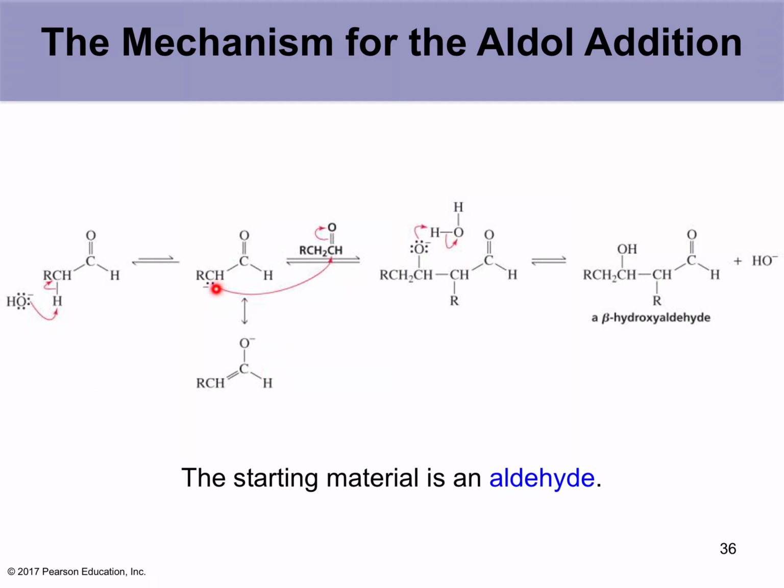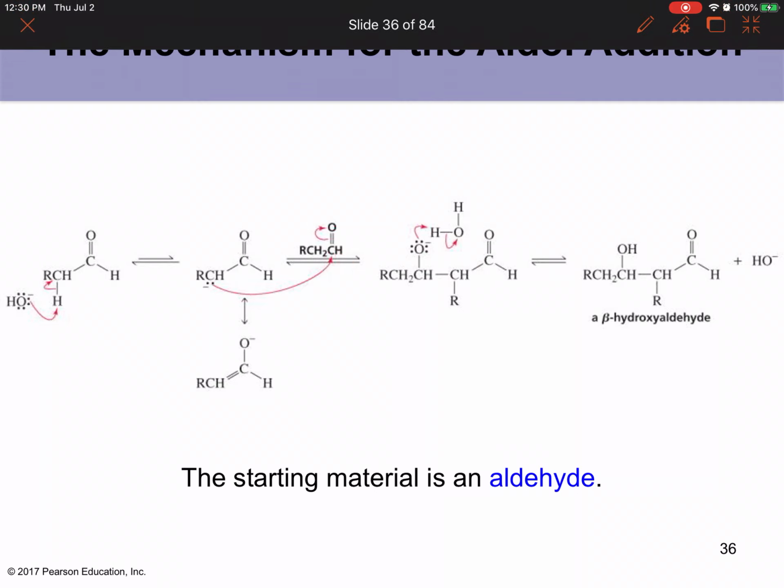Now once this is formed, this carbanion is going to react as a nucleophile and add on to the carbonyl carbon. So it's going to form a new carbon-carbon bond between the alpha carbon and the carbonyl carbon. Okay, so let me show you.